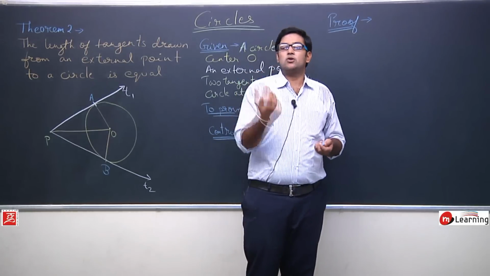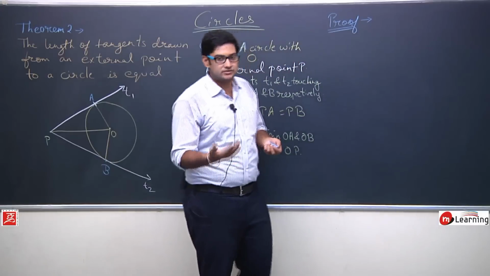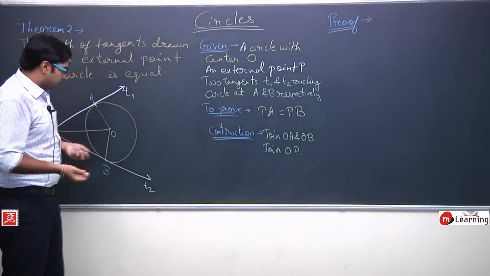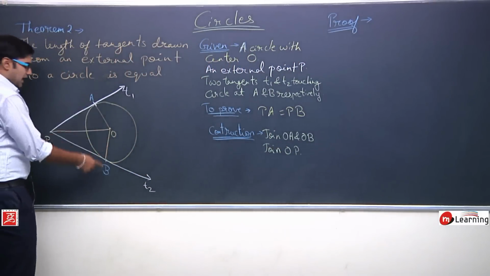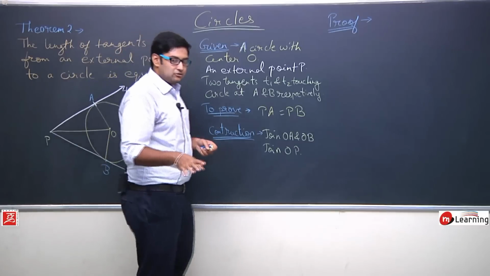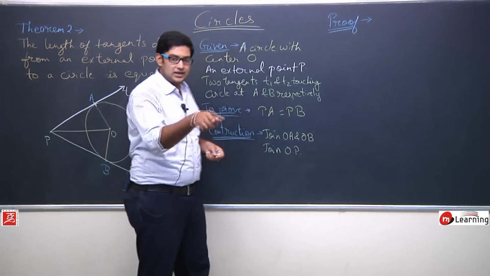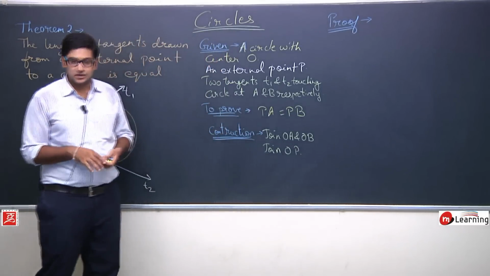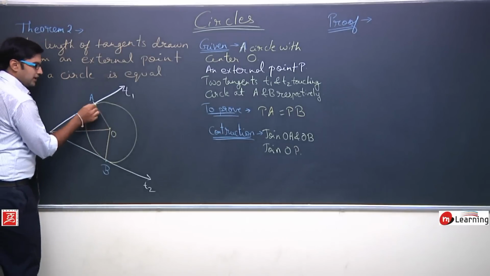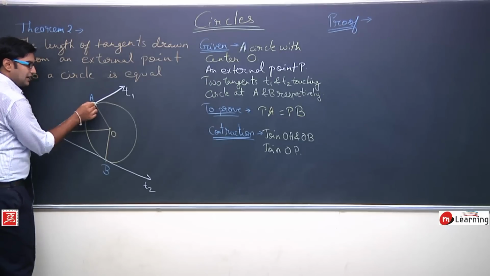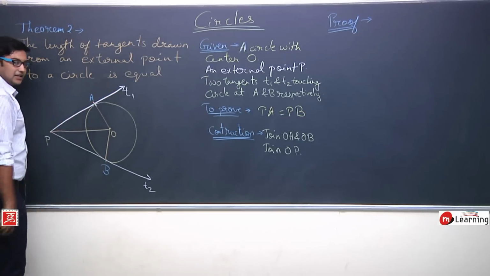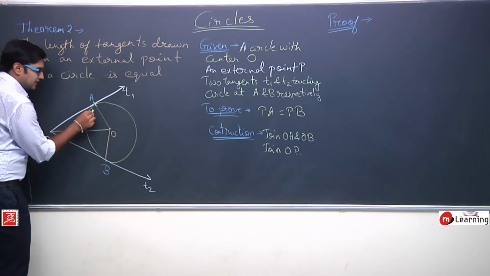We have studied congruency, circles, and chords in the previous classes. If I observe this PA and this PB, I cannot directly prove that PA is equal to PB. So I need to go by some other method. You can see, since OA is a radius and it is touching the tangent T1 at A, can I say that this angle is 90 degrees?